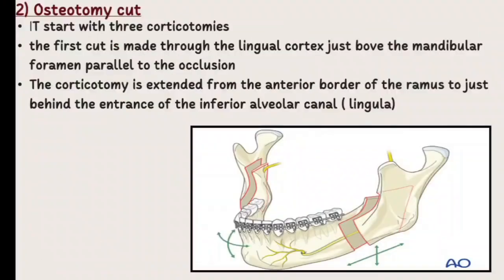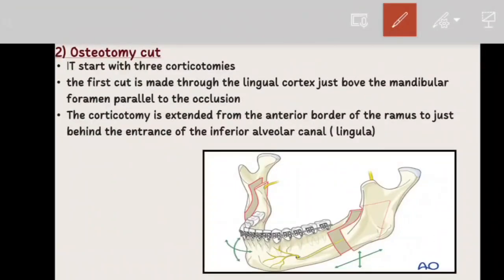Now the second step is the osteotomy cuts. This is the most important step. We make 3 corticotomy cuts. The first cut is the lingual cut. This cut is made on the lingual cortex just above the mandibular foramen and it is parallel to the occlusal plane. Here you see the mandibular foramen, which is the entrance of the inferior alveolar canal.